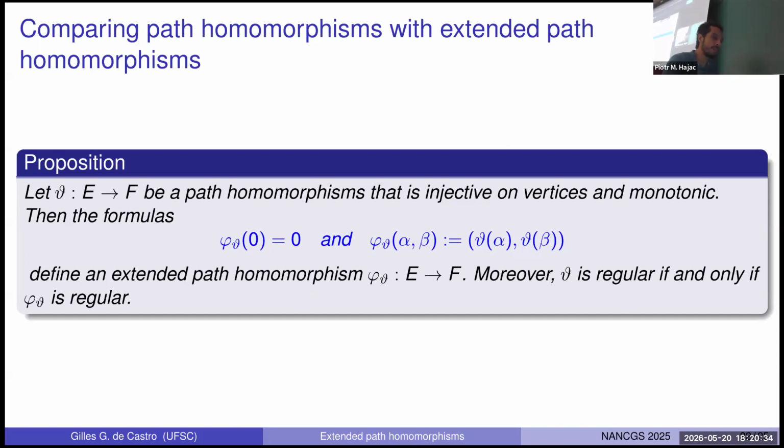And then, because for extended path homomorphism we also have these equivalents using covers, we can see that the regularity of theta in the sense of a path homomorphism is the same as regularity of phi theta in the sense of an extended path homomorphism. So we really do obtain a functor between the categories. I'm going to write this in the next slide.